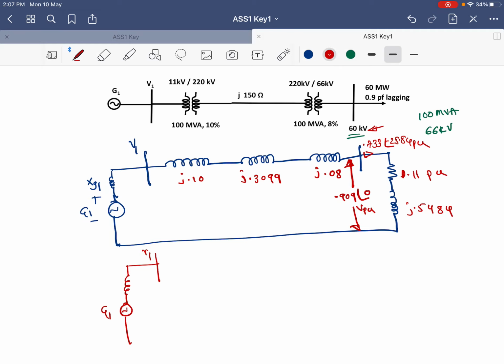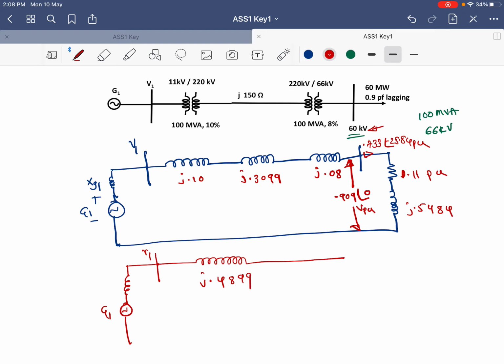Therefore, the reactances reduce to a single equivalent reactance. Adding them, since all are reactances connected in series, 0.1 plus 0.3099 plus 0.08, what I am getting here is 0.4899.